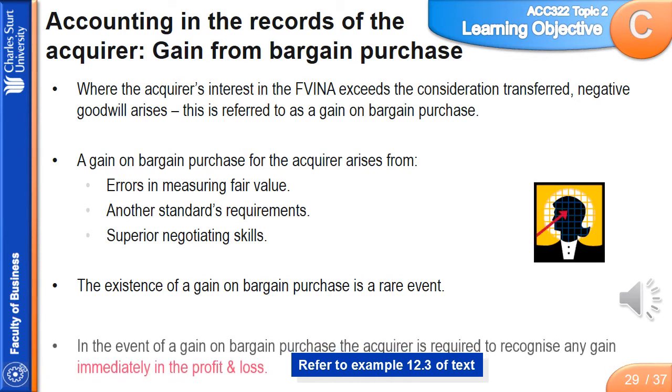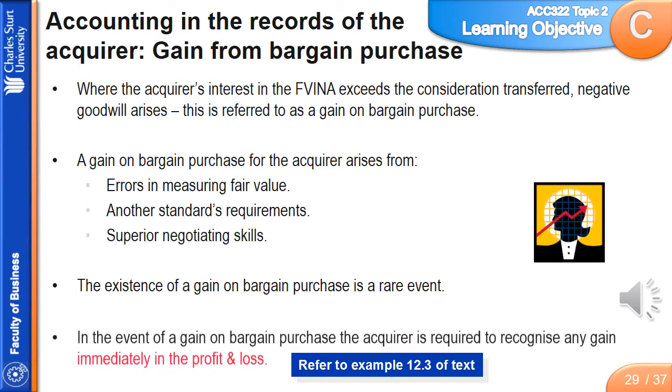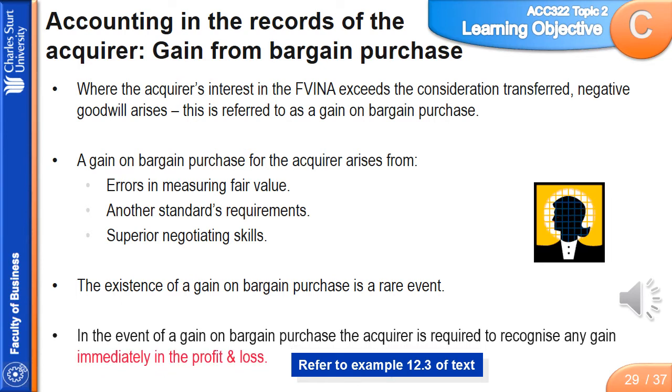Where the fair value of the interest in the identifiable net assets exceeds the consideration transferred, a gain on bargain purchase arises, and that could occur because of errors in measuring the fair value of the assets and liabilities assumed and acquired, other standards' reporting requirements, or superior negotiating skills at getting a good deal for the acquisition, or it could be, say, a fire sale where they just needed to sell the entity ASAP.